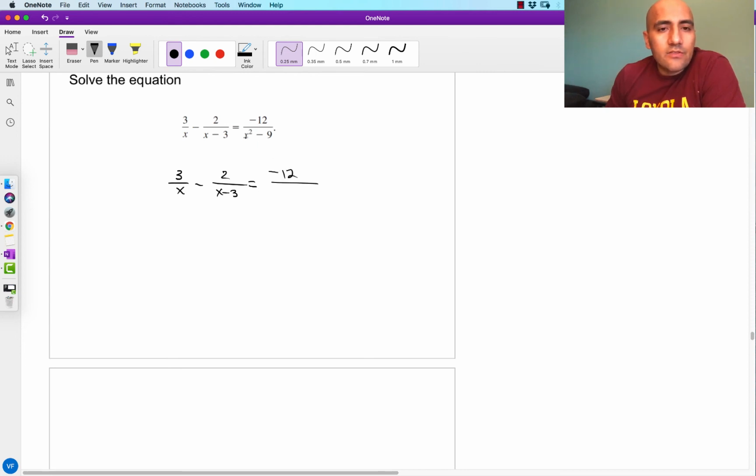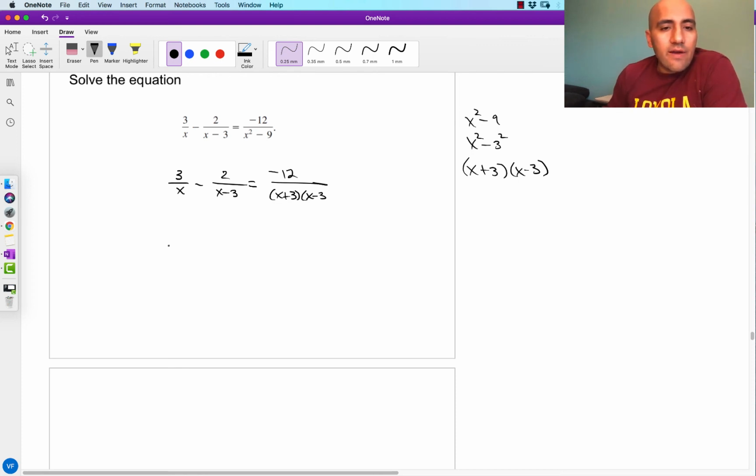And the way it factors is we have x squared minus 9. That's x squared minus 3 squared. And so we have a difference of squares. So this factors as x plus 3 times x minus 3. Okay, so that's going to become (x plus 3)(x minus 3).